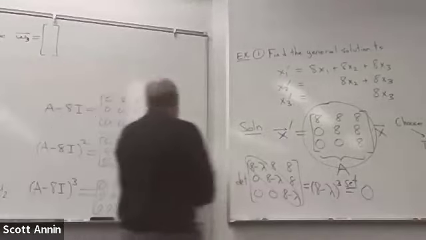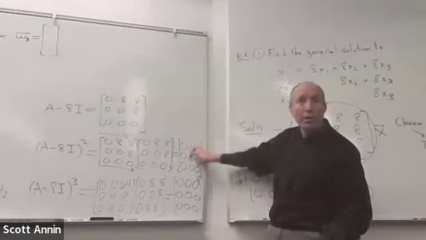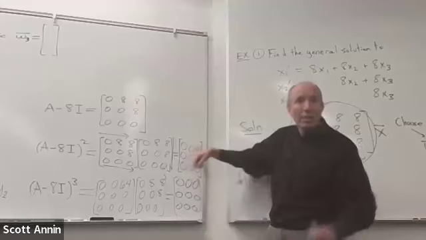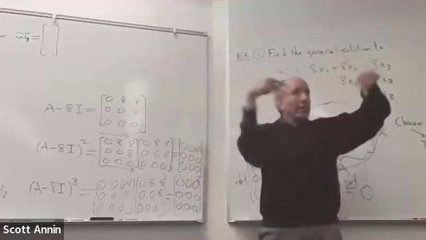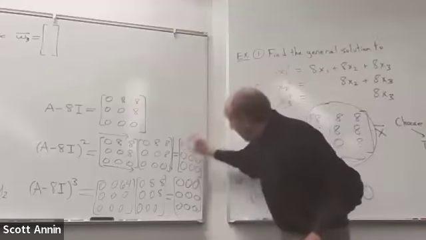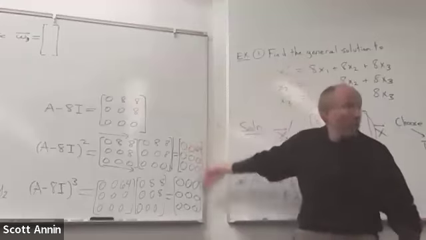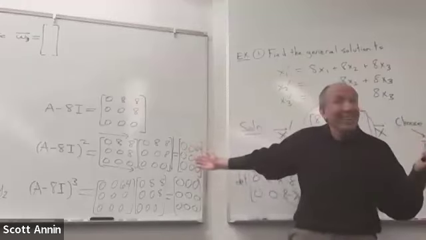Because if you take this matrix here and multiply it by 1, 0, 0, it will get killed when you do the calculation. And you don't want that. You want your vector W3 to survive this matrix. So the key thing is to have some number in the third slot.